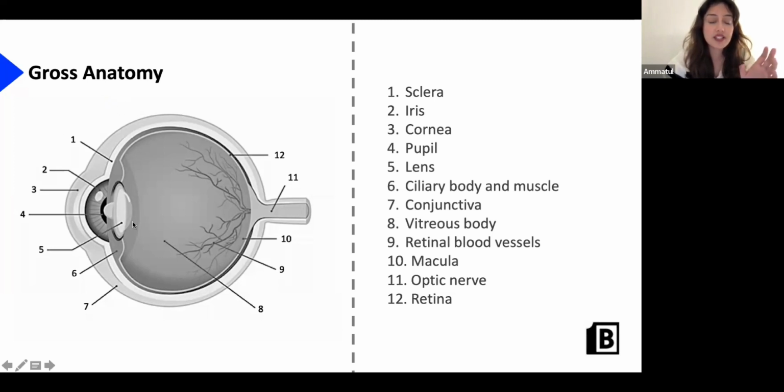So you can have the anterior segment and the posterior segment, which essentially tells you about the different types of humor. So we have the vitreous humor in the posterior segment and the aqueous humor in the anterior segment, for example. But for the sake of this lecture, we'll just go through the layers. Then we'll cover the blood vessels and the nerves, and we'll look a bit more at the extraocular muscles.